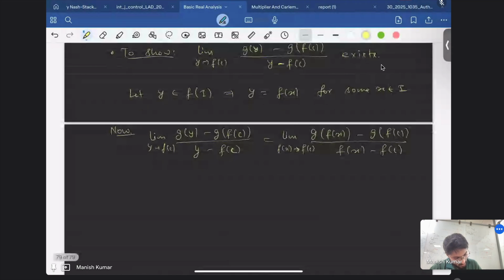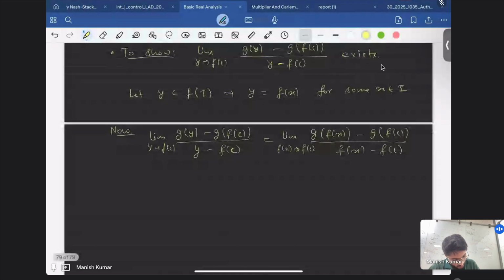This will be a consequence of the assumptions we have made. So using this assumption you can prove that g is continuous at f of c. Now why am I saying this? I know x going to c implies f of x goes to f of c.